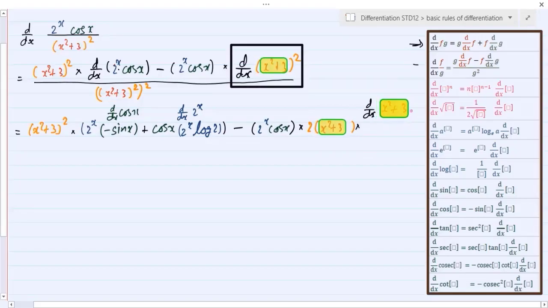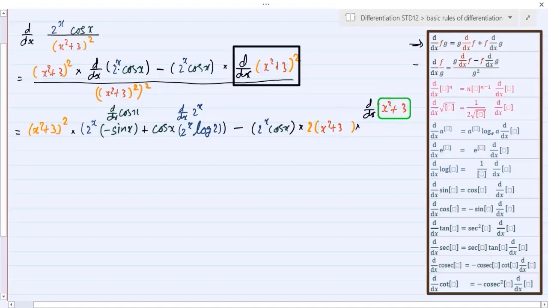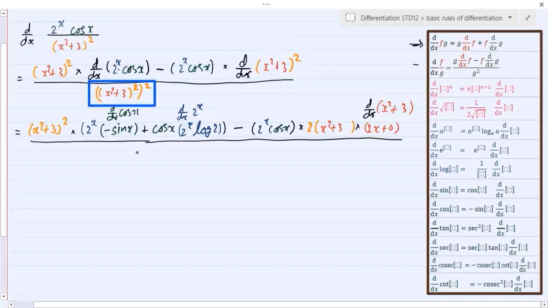Within the box we have x square plus 3. So we just have to multiply the differentiation of x square plus 3, which is nothing but 2x plus 0, whole divided by x square plus 3 whole raised to 4. So you can accept this as your final answer. If you want, you can further simplify. Ta-da!